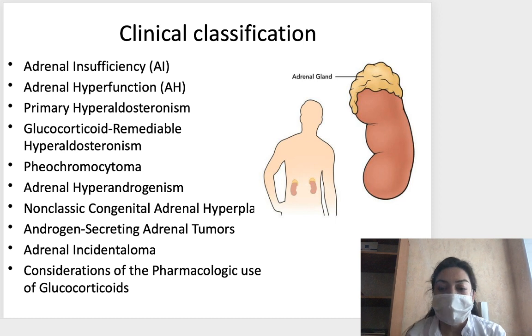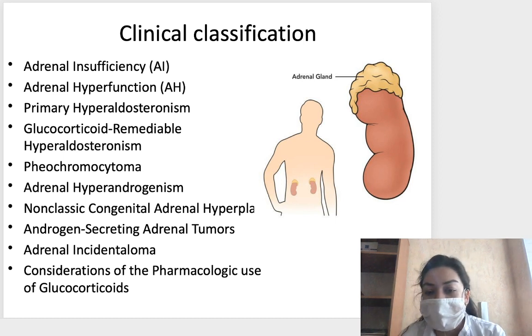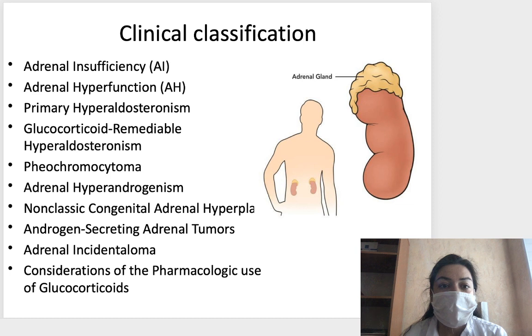Clinical manifestation. The main syndromes that we can meet are adrenal insufficiency, adrenal hyperfunction, primary aldosteronism, glucocorticoid-remediable hyperaldosteronism, pheochromocytoma, adrenal hyperandrogenism, non-classic congenital adrenal hyperplasia, androgen-secreting adrenal tumors, adrenal incidentalomas, and considerations of pharmacologic use of glucocorticosteroids.